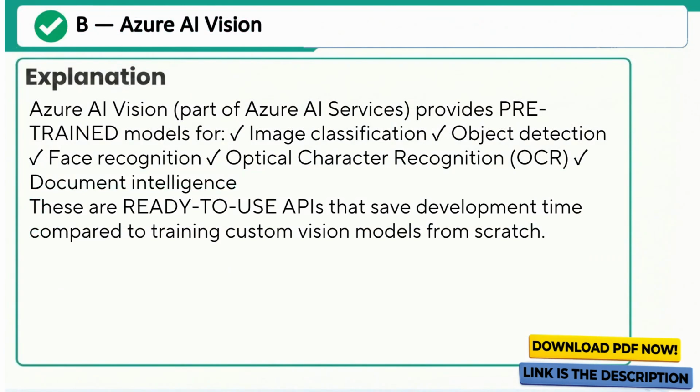Explanation: Azure AI Vision, part of Azure AI Services, provides pre-trained models for image classification, object detection, face recognition, optical character recognition (OCR), and document intelligence. These are ready-to-use APIs that save development time compared to training custom vision models from scratch.